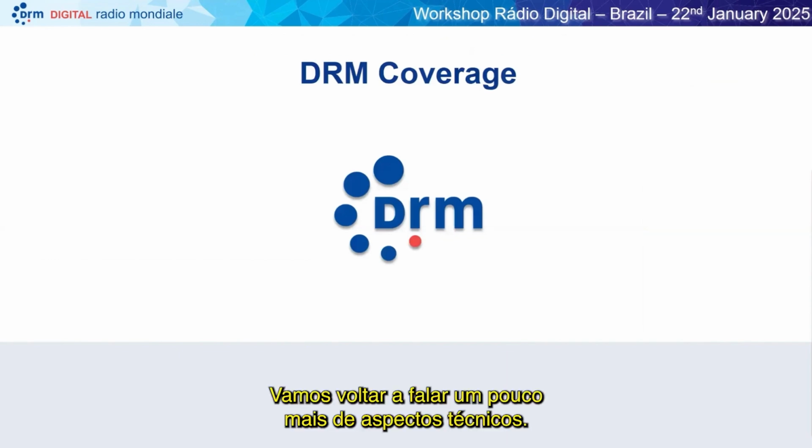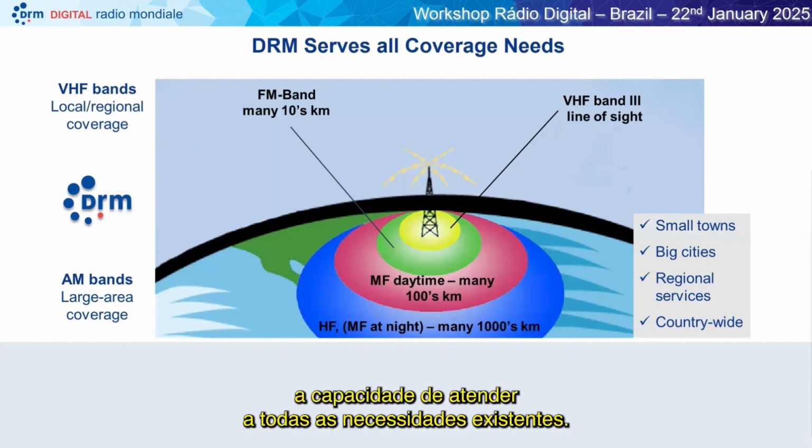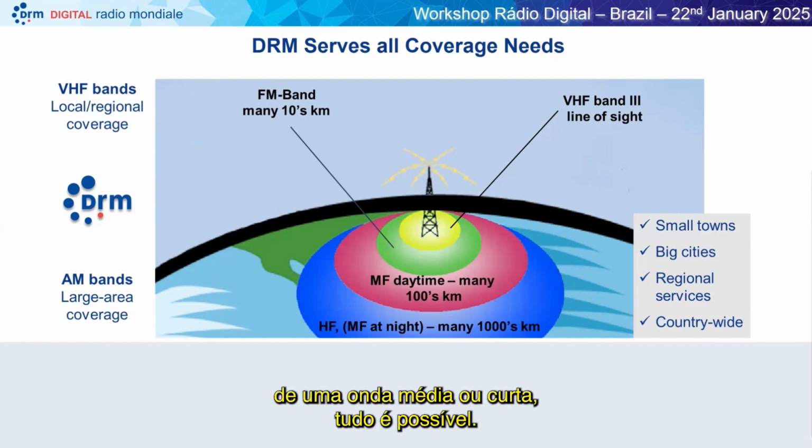Let's come back to a little bit more technicalities. We're talking about DRM coverage. You know that DRM has the ability to meet really every need that is there, from local coverage in VHF band 3 or band 2, which we know as the FM band, up to hundreds or even thousands of kilometers over medium or shortwave.